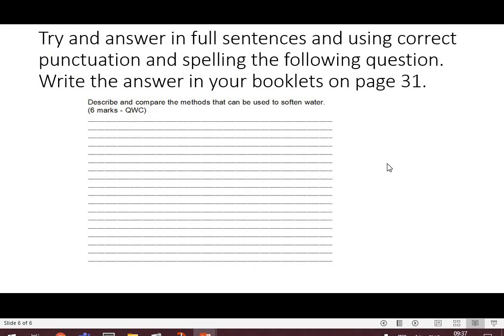And then what I'd like you to do is, using your knowledge so far on the last few lessons, describe and compare the methods that can be used to soften water.